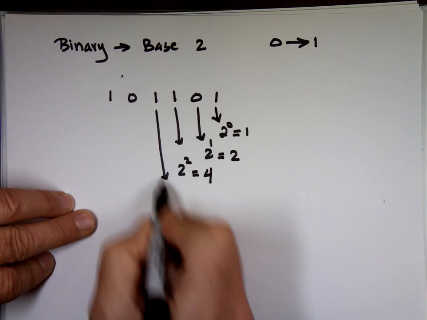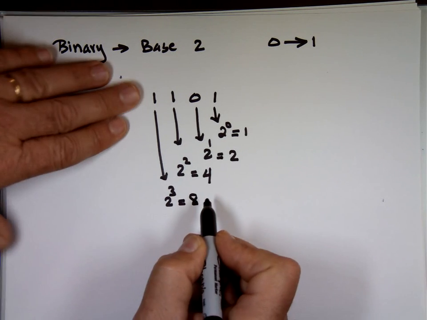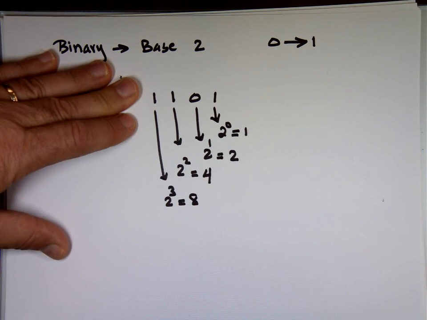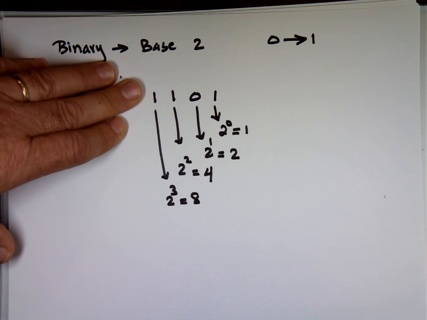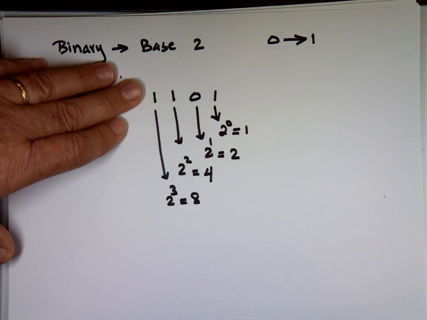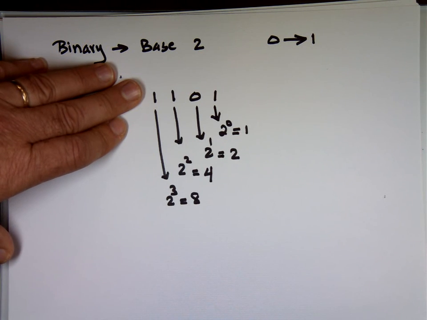Next one, 2 to the third, which is what? 8. Let me stop here for a second. A lot of people call this one 8421 base. That's where the name came from, if you're using 4 digits. In our book, you'll see in a minute, we'll be dealing with 4 digits, and they call this, instead of binary, 8421. But that's what it means.